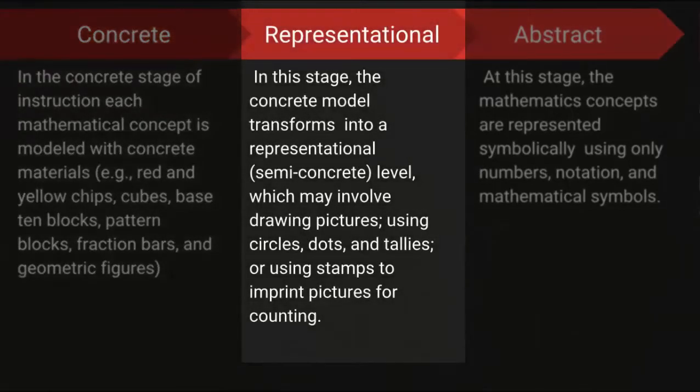In the representational phase, the concrete model transforms into a representational or semi-concrete level, which may involve drawing pictures, using circles, dots, and tallies, or using stamps to imprint pictures for counting.